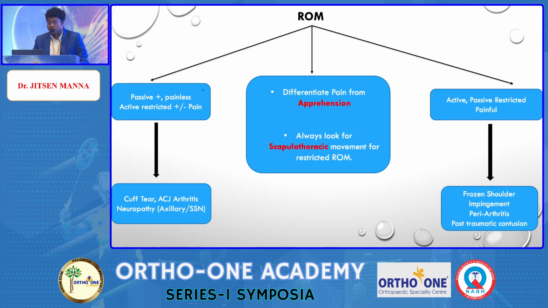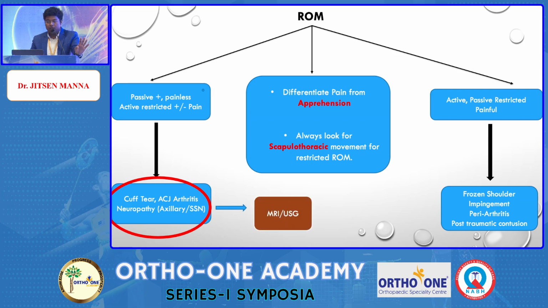We have to understand one important point: apprehension is different from pain. A person complaining that I feel my shoulder is coming out of the joint, that is not pain, that's apprehension. So it's more towards instability, not the other pathologies. So if we have good, painless passive function but restricted active function, with a high chance of cuff tear, we can advise the MRI or the USG.